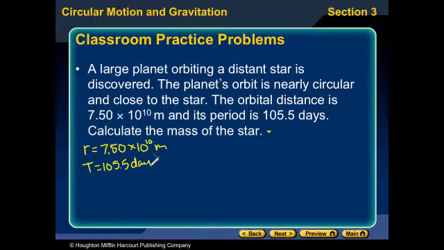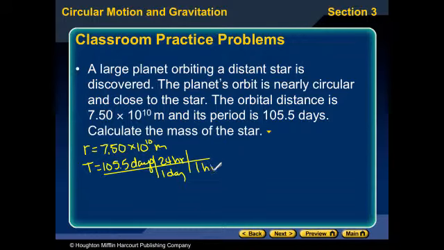Now this is days, and we just calculated that our units for period need to be seconds. So we're going to have to do a little conversion. I'm not going to years, I want to go to seconds. In one day, there are 24 hours.